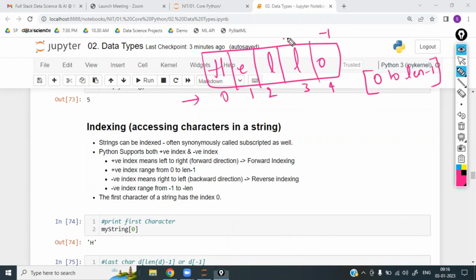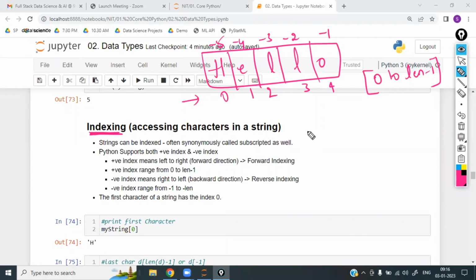In the negative direction, we have -1, -2, -3, -4, and -5. If you want to access a single value, a single character, then we use the concept called indexing.